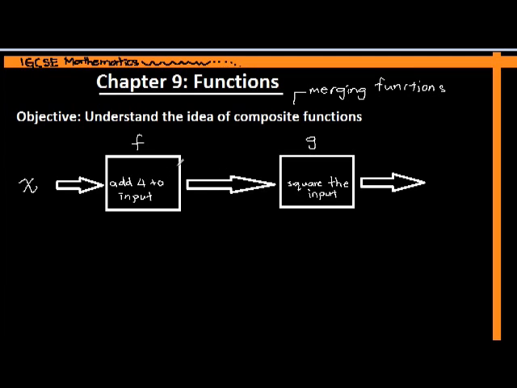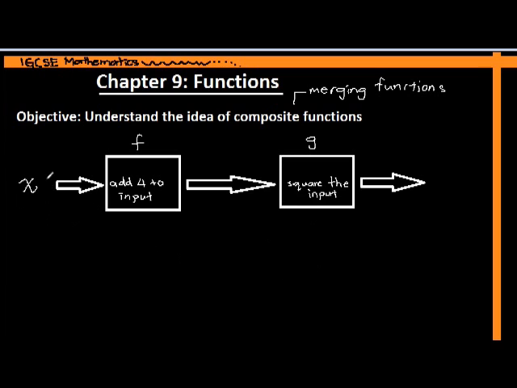For instance, we have two functions, f and g. Function f can be described as add 4 to the input, and function g can be described as square the input.